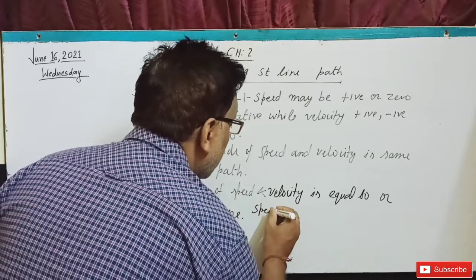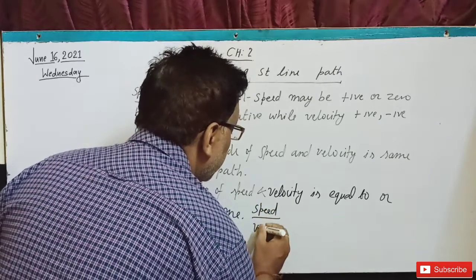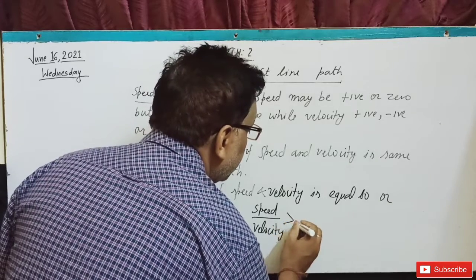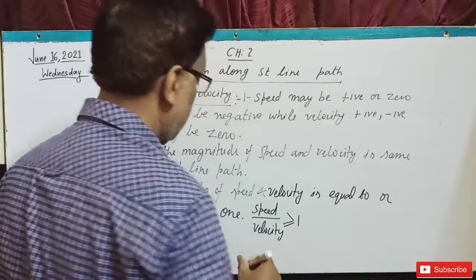Speed upon velocity is greater than or equal to 1.